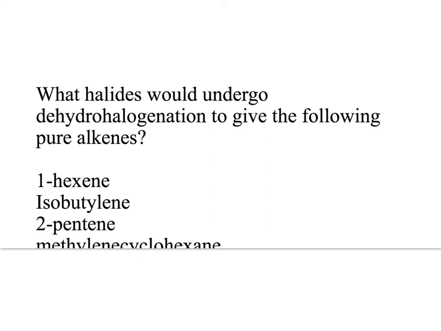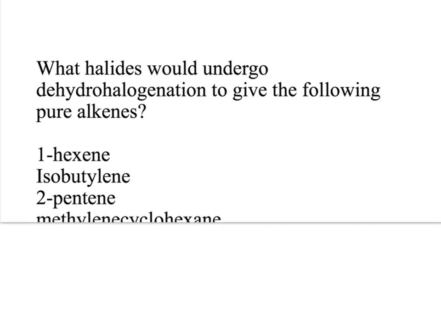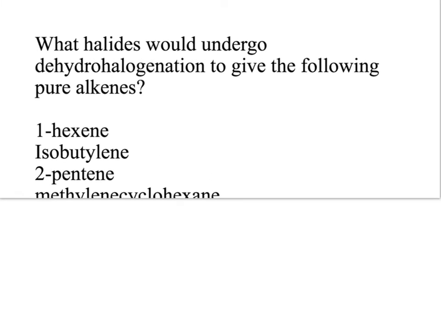Okay, on this problem, what halides would undergo dehydrohalogenation to give the following pure alkenes? Okay, so let's draw the alkene. And this is 1-hexene, so 1, 2, 3, 4, 5, 6. Basically, 1, 2, 3, 4, 5, 6.